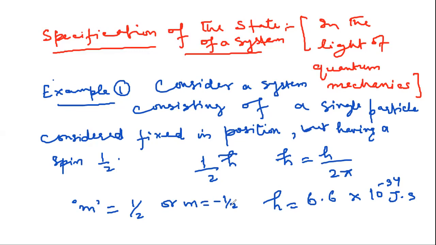So you see here, it is the idea of the quantum number which we use in specification of the system in question. The values of the quantum numbers which are concerned with the system specify the state of the system. So in this situation, we have two states. One is specified by the quantum number M being half, and the other state is specified by the value of M being equal to minus half. Let us take another example. I call that example 2.